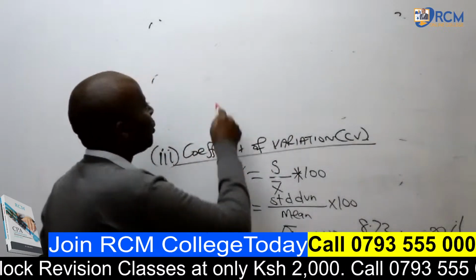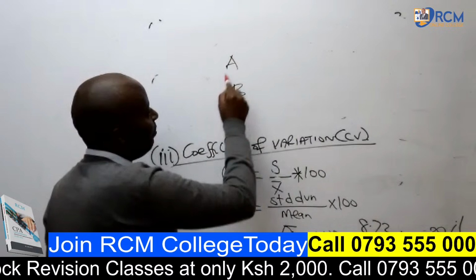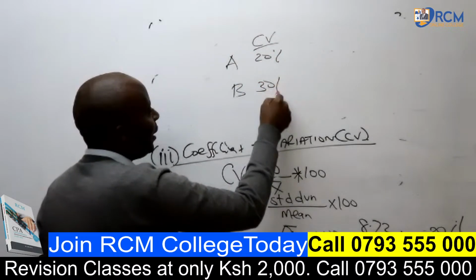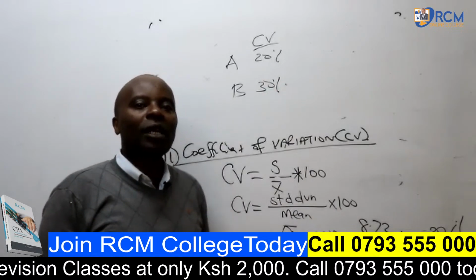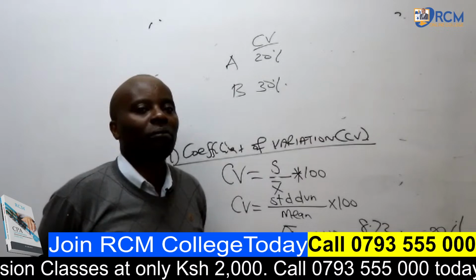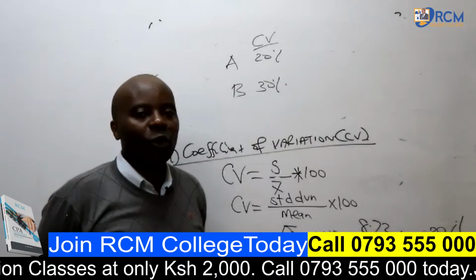If you're given two projects, A and B, and they give you a CV of 20% for A and 30% for B. So two projects whose CVs have been given there. Which project will you go for?